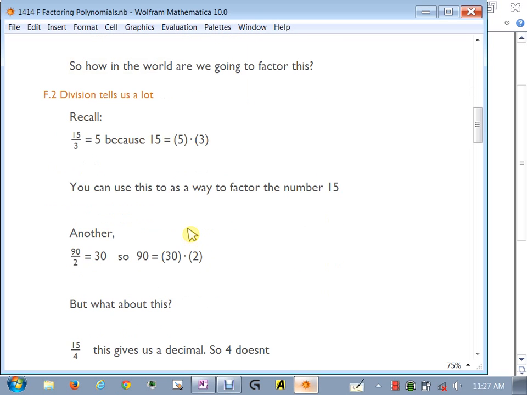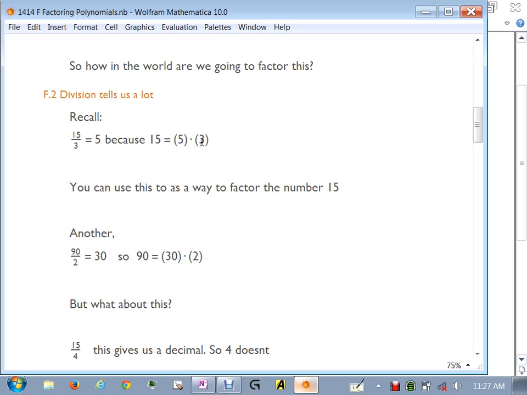Division, good old division from way back when, tells us more information than you thought it told you. Let's see if you can follow this. If I say 15 divided by 3 is 5, we'd all agree? Because 15 divided by 3 is 5, you could also extrapolate from that that 15 must be 5 times 3.